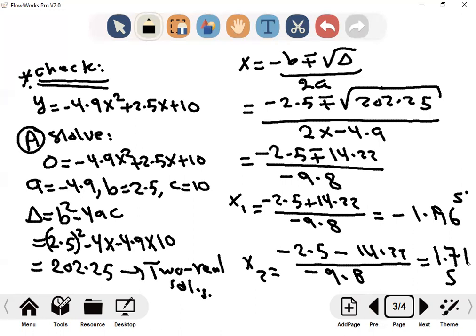This diver, after 1.71 seconds, he will be where? On the water. He jumps from the 10 meters, after 1.71 seconds where will he be? In the water. So what you will write in part B: after 1.71 seconds the diver will be in the water.